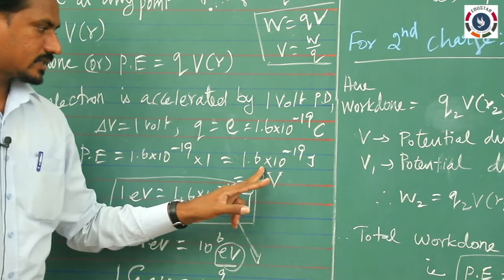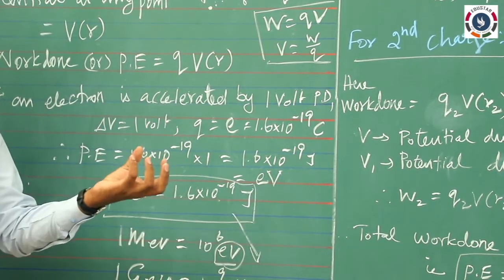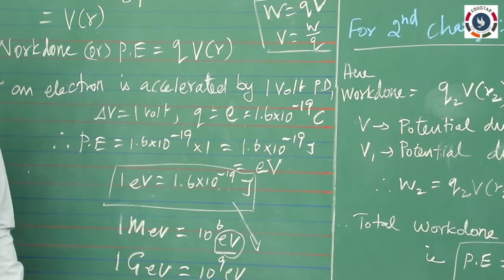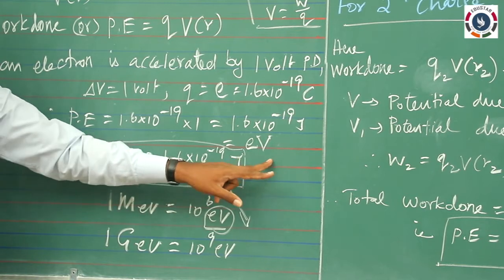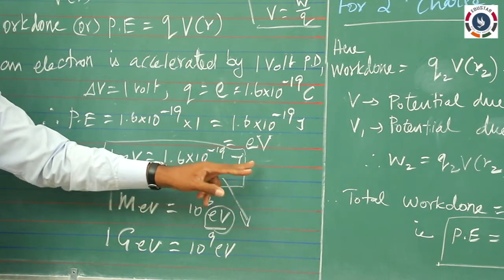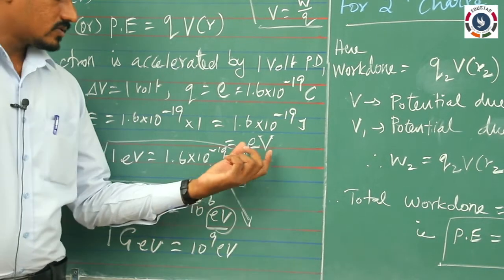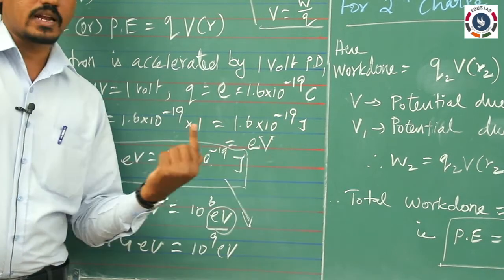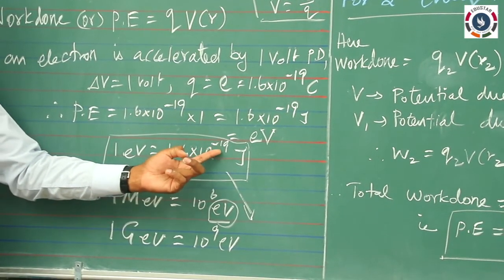This is also termed 1 electron volt, because only 1 electron is accelerated by 1 volt. That is, 1 electron volt equals 1.6 into 10 to the power minus 19 joule.